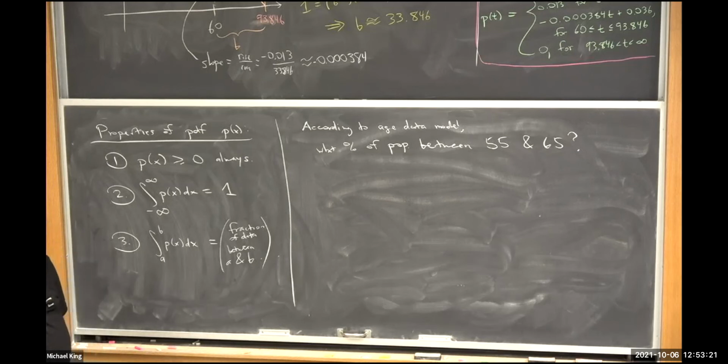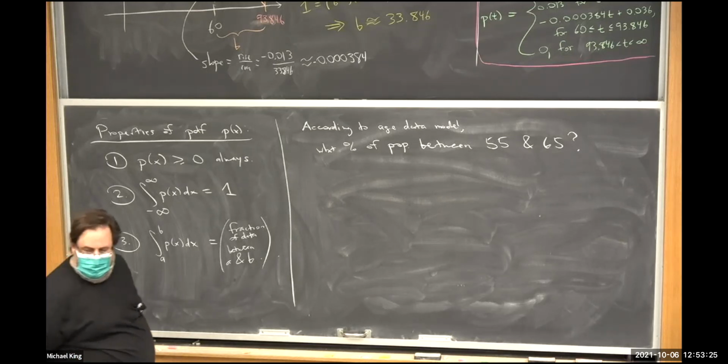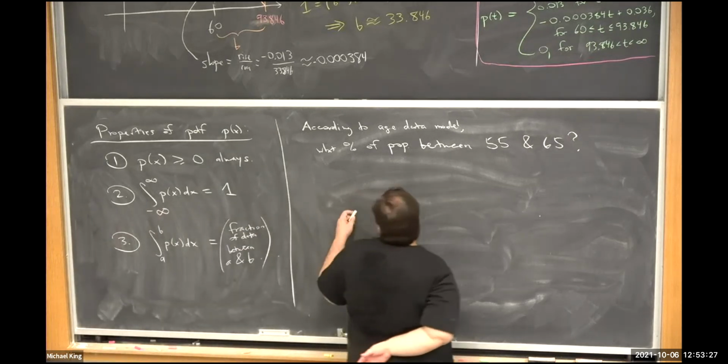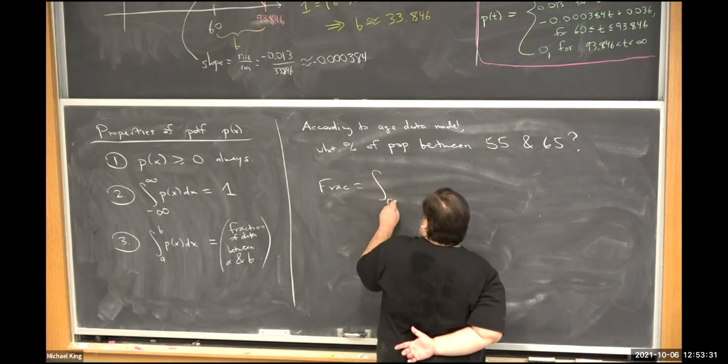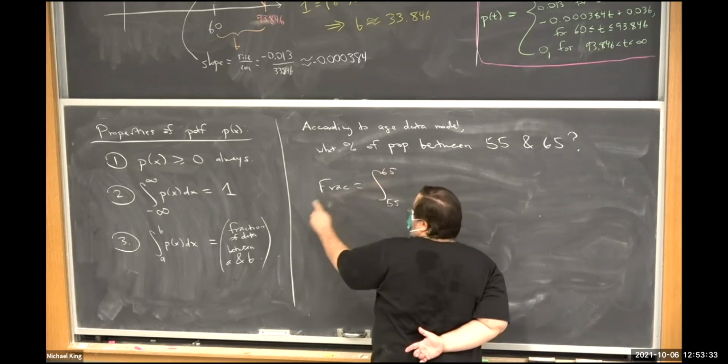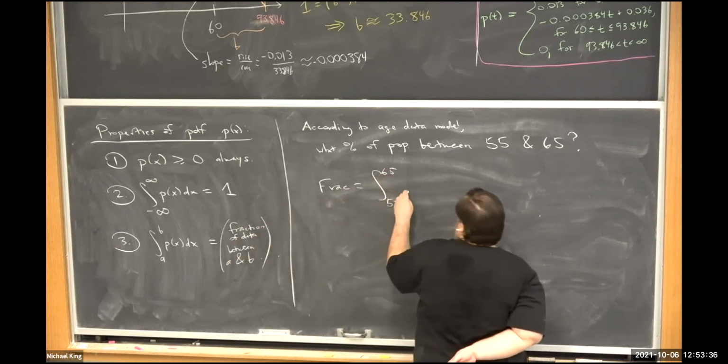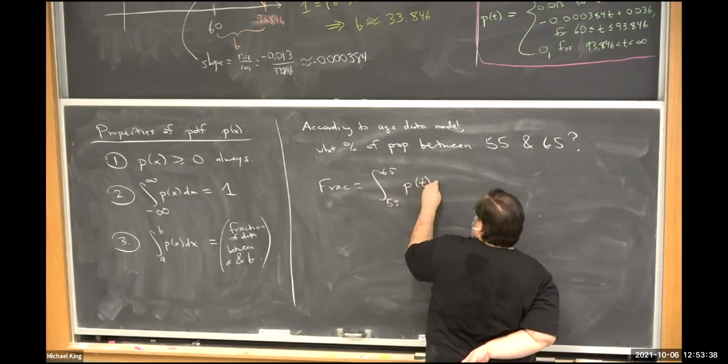Good. Yeah. So the fraction is the integral from 55 to 65. That's exactly what this third one says, right? I guess it's written in terms of t.